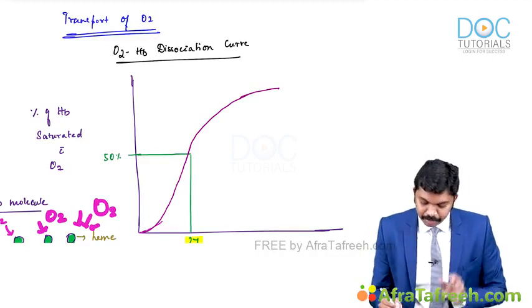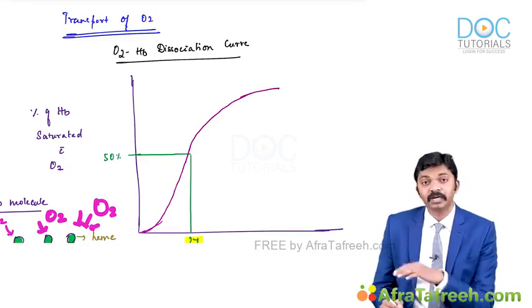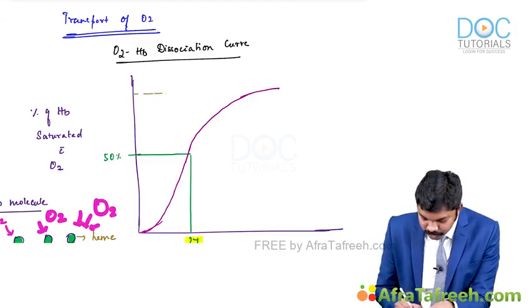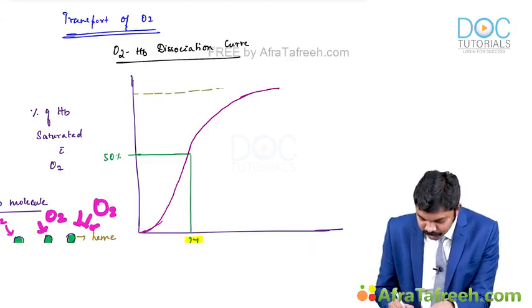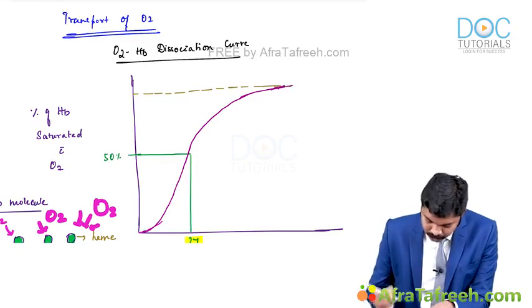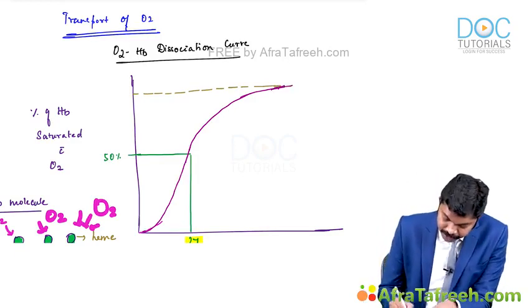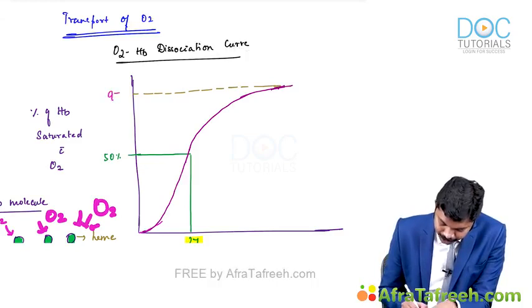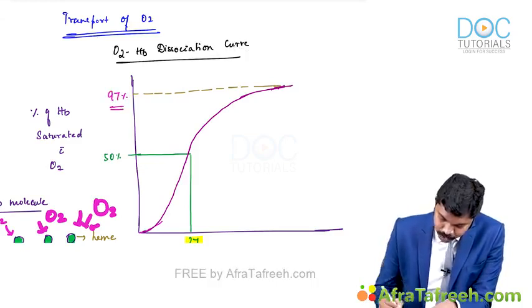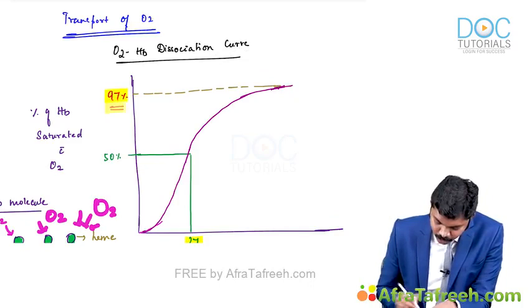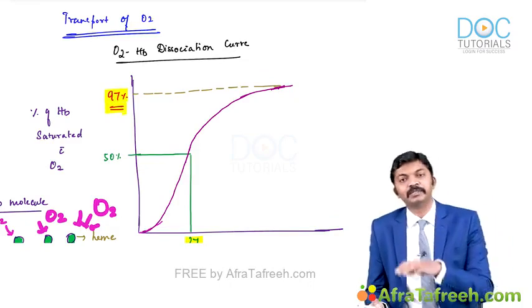Now, let us look at the percentage of hemoglobin where the curve actually gets flat or stops. This point represents a percentage of hemoglobin of just 97%. So the point here is hemoglobin will never ever be 100% saturated.